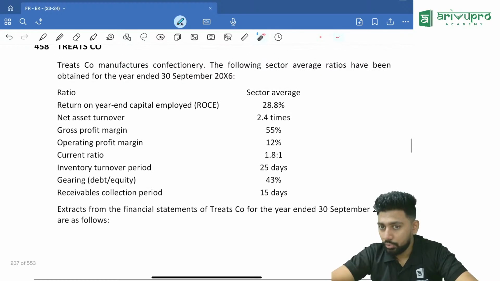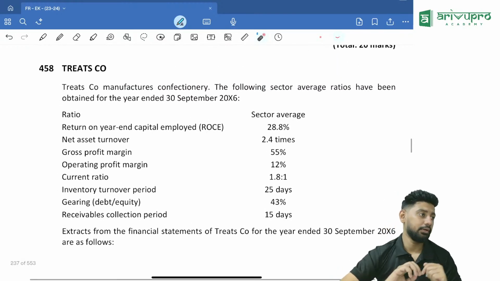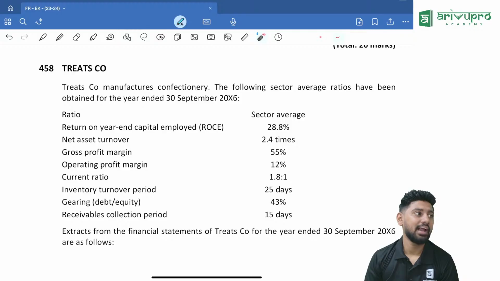Try to understand what has happened, what is happening in comparison to the sector averages.